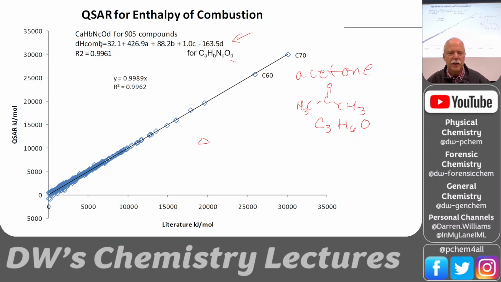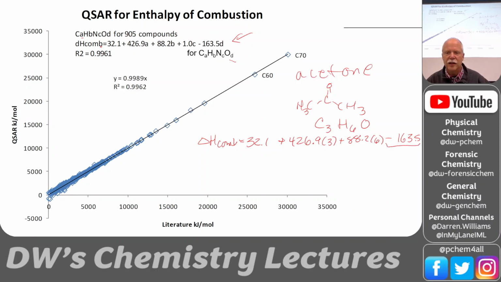So our delta H of combustion is going to be 32.1 plus 426.9 times 3, that's the number of carbons, plus 88.2 times 6, that's the number of hydrogens, and then look, minus 163.5 times the 1 for the oxygen.